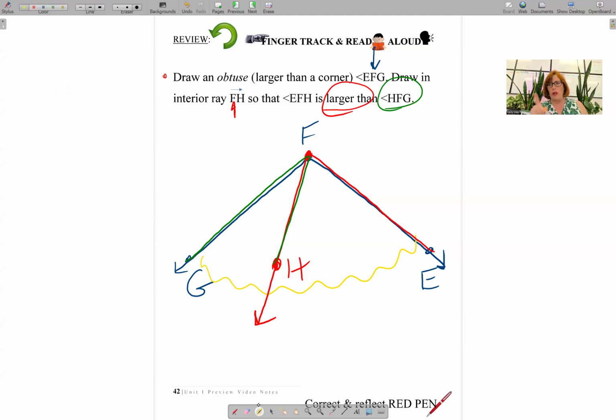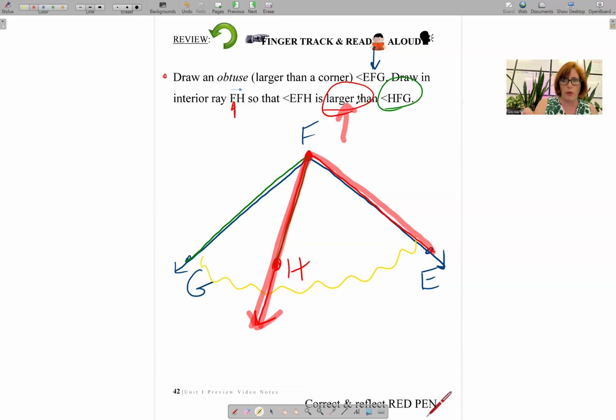All right, so what's important here is the fact that this is angled so that EFH is the larger angle and HFG is the smaller, and F is the vertex.